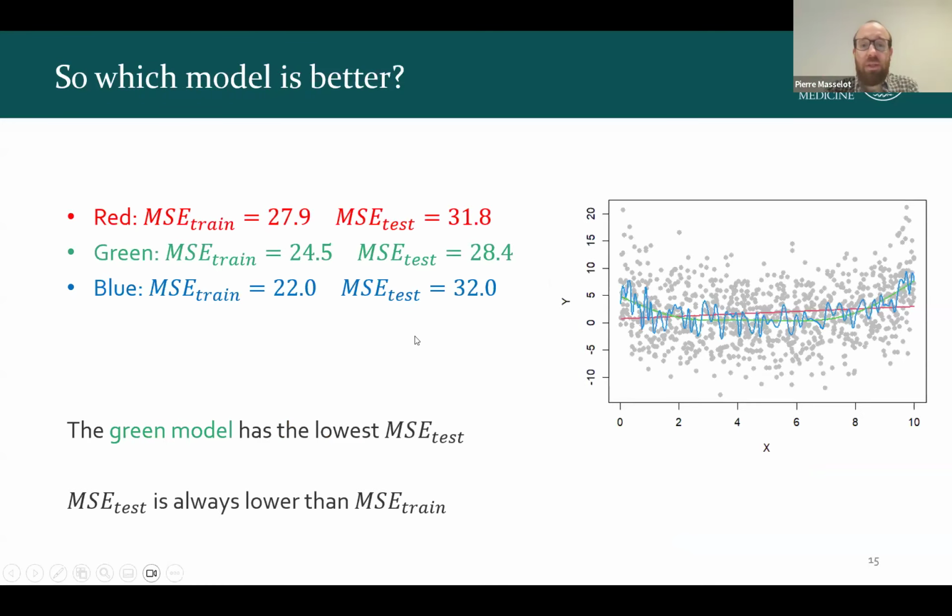If you do this with our three models here, we can see that now it's the green model that has the highest test MSE. And you can also see that this test error is always higher than the train error, because this train error is too optimistic, as I showed earlier.